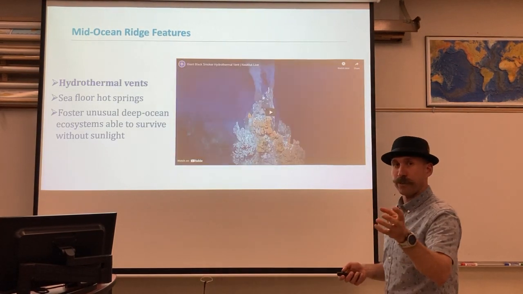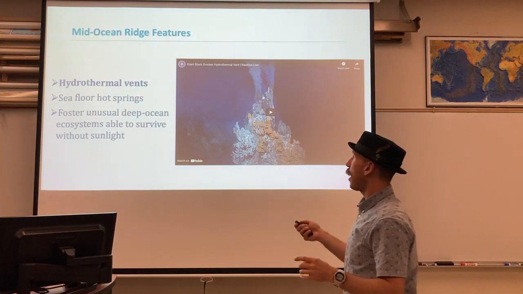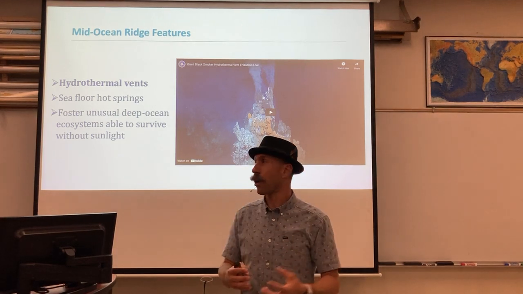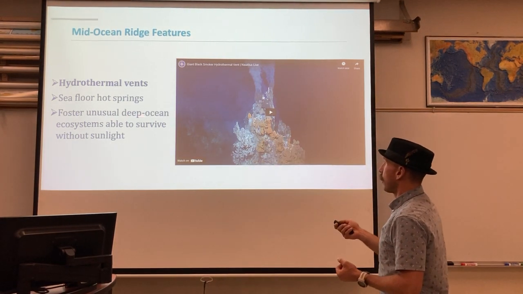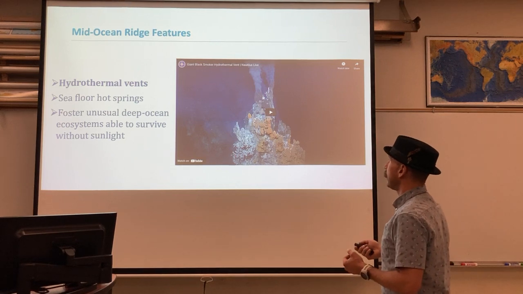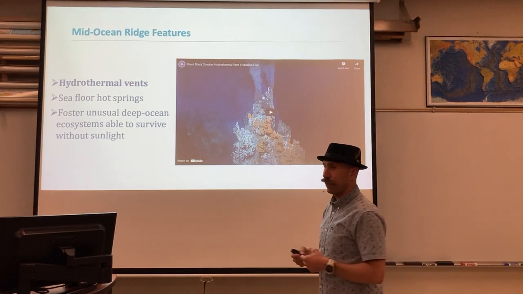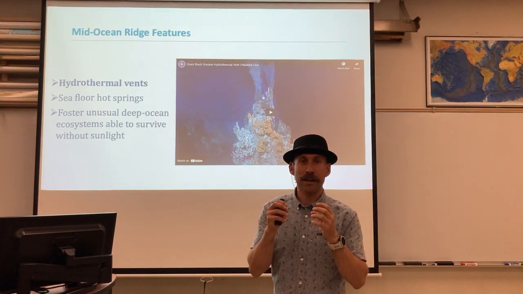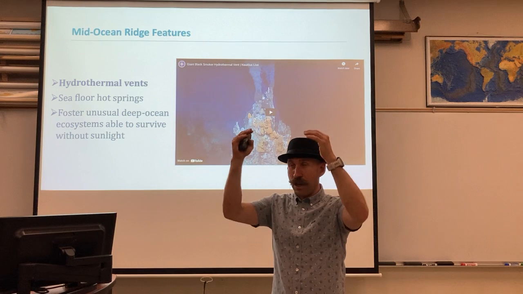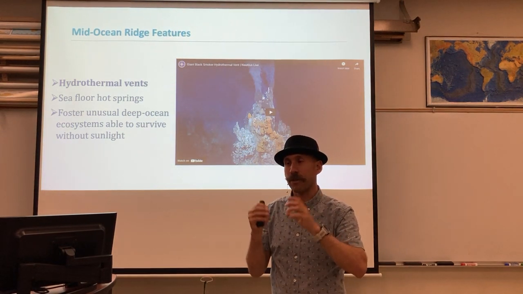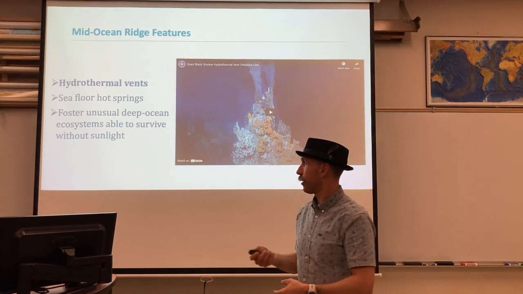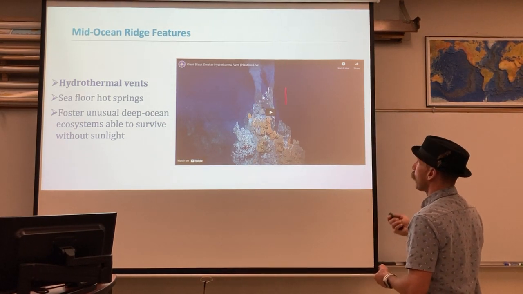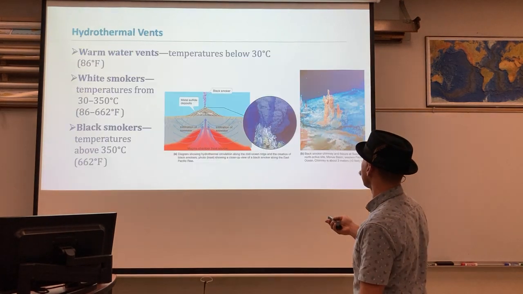Some features associated with mid-ocean ridges: hydrothermal vents. They're like hot springs at the bottom of the ocean. There are very interesting deep ocean ecosystems, different creatures and critters and life that exists not from the energy of the sun, but through chemosynthesis, by surviving on the chemicals that are being moved through these different hydrothermal vents.